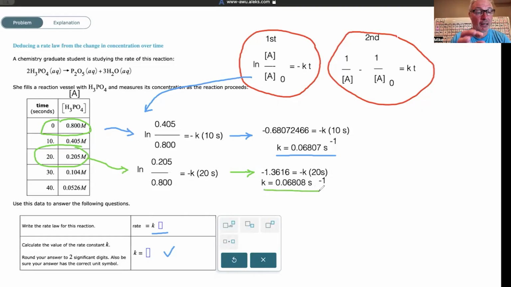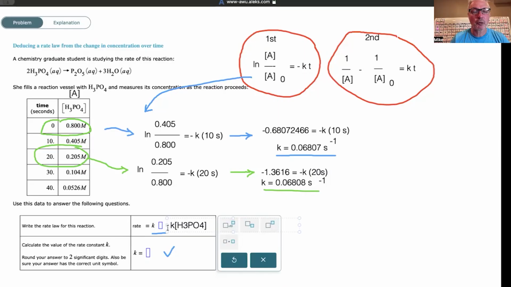Now, I did say that it looks like it cuts itself in half at a regular interval because of the nice generosity of the numbers here. Now, let's prove that it's not second order by plugging into the second order equation and finding out that that is not the case. However, if we were in a hurry, we could write rate equals K times the concentration of H3PO4.